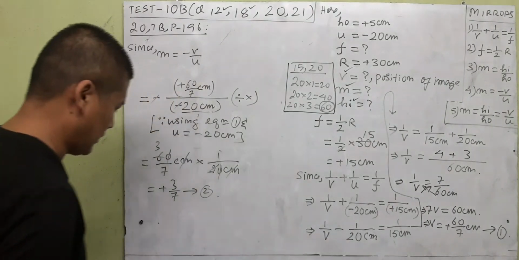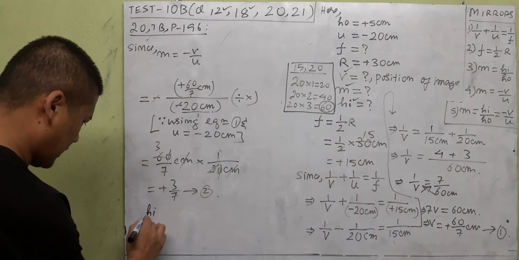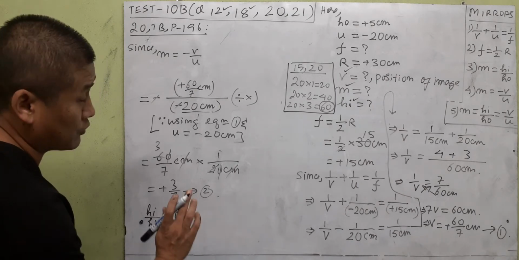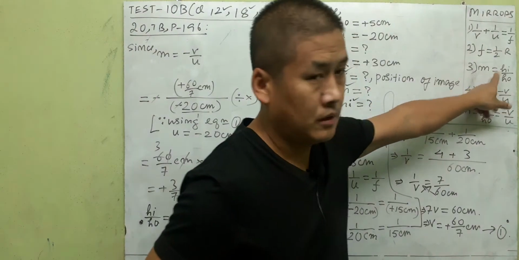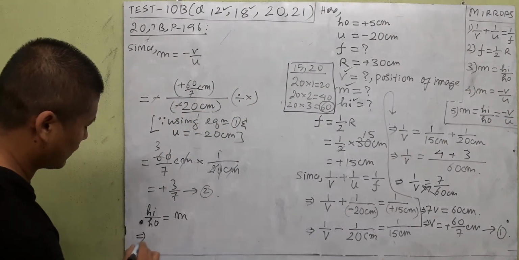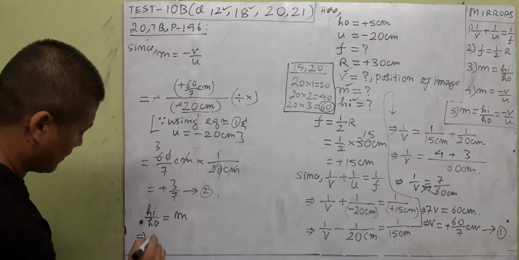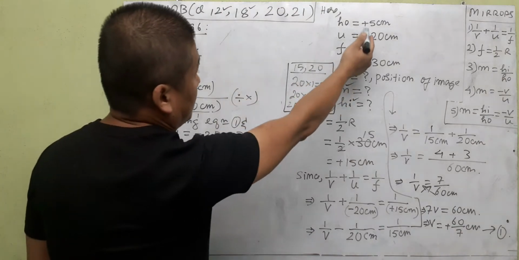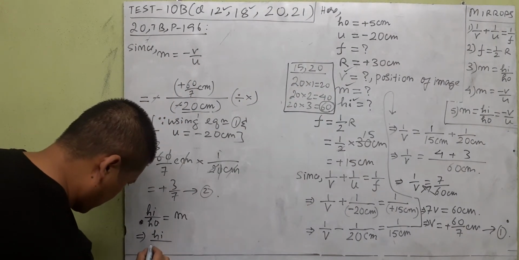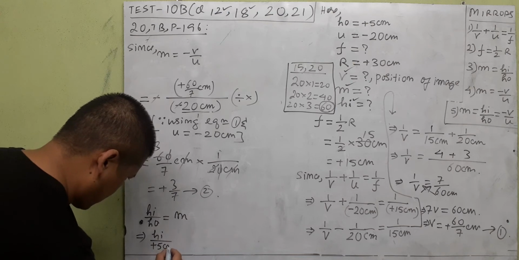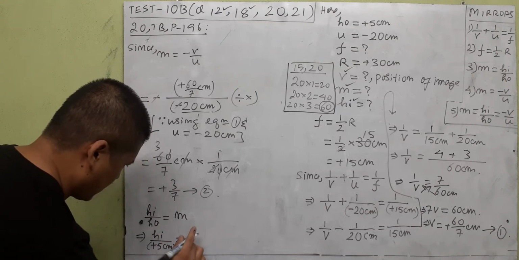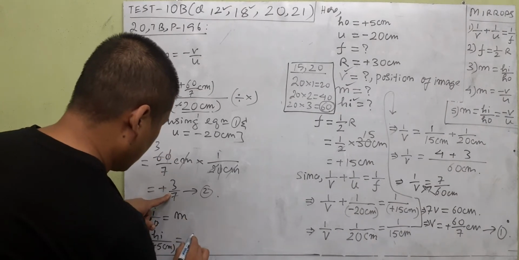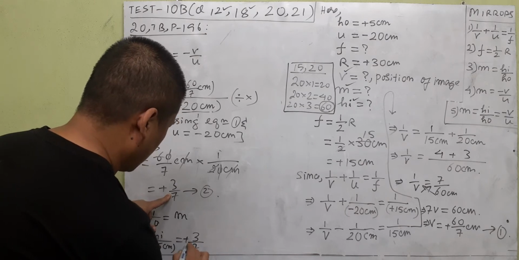Finally this HI, let us try. So I think you will agree with this. HI by HO we can write as formula number 5 is equal to M. So why we're doing this, we're taking advantage of this M value that you got here. So HI we don't know yet, by HO, there, HO is here, plus 5 centimeter, is equal to, here, M value is already there, 3 by 7, plus if you want.